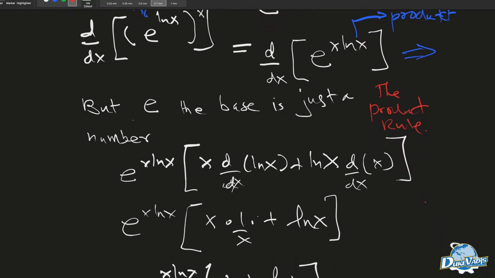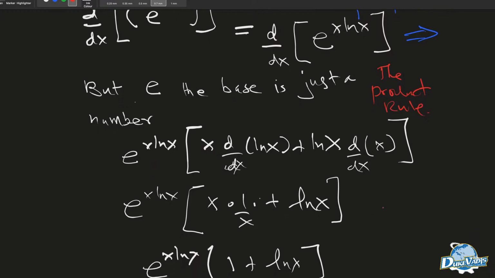So when we do the product rule, we bring e raised to the power x natural log of x out, then we apply the product rule. We know the product rule is given as: if y equals uv, for instance, dy/dx will be equal to u dv/dx plus v du/dx. This is the product rule, and we have applied that over here.